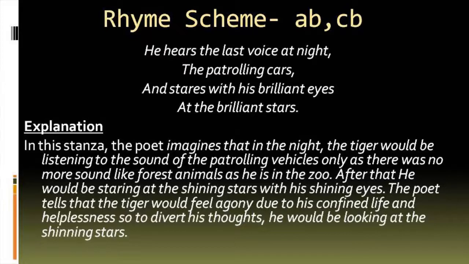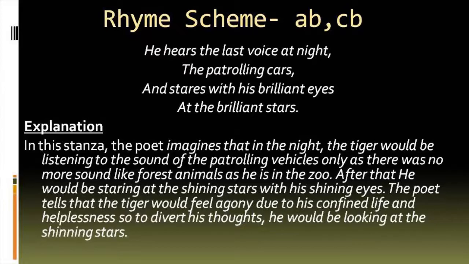So what does he do? He looks at the brilliant stars. Brilliant stars means shining stars, and brilliant eyes means shining eyes. So why is he looking at the stars?